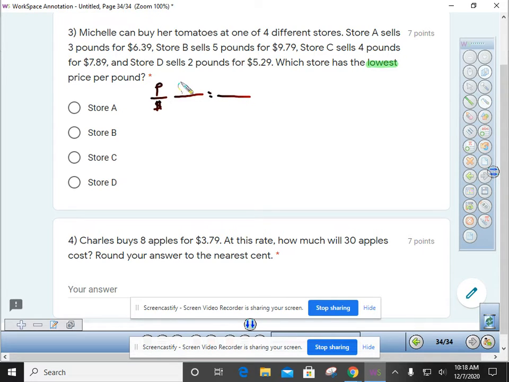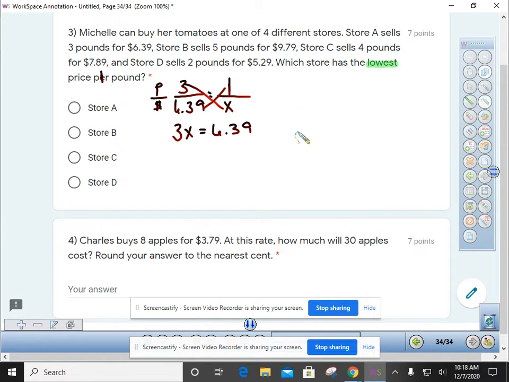Store A is 3 pounds for how many dollars? And it wants to know lowest price per pound. Per means 1 pound. So there's your proportion for the first one. So as you can see, this is going to be a division problem. It is going to be money divided by the pounds. You have to divide them all out.